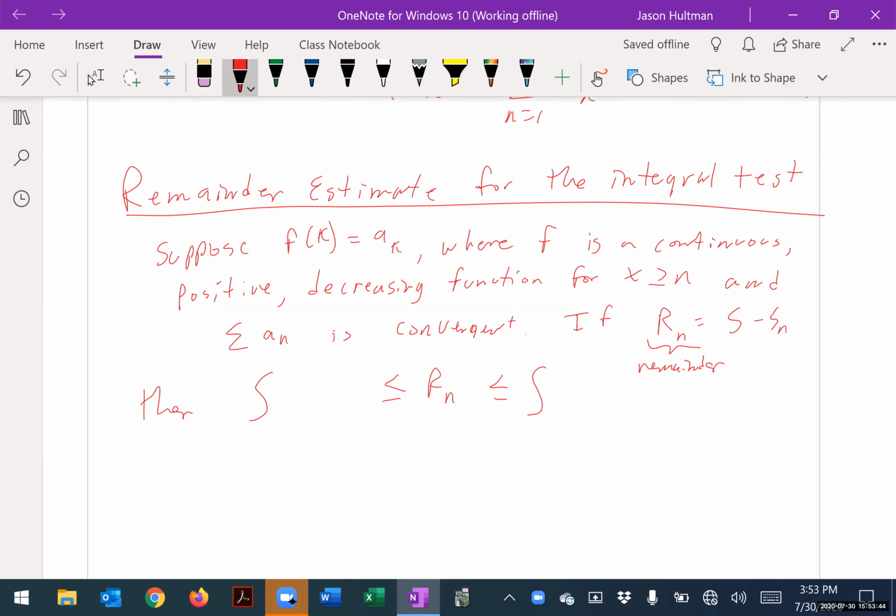It's sandwiched between the integral from n plus 1 of f of x dx and the integral from n of f of x dx.